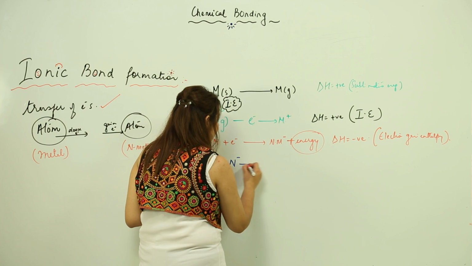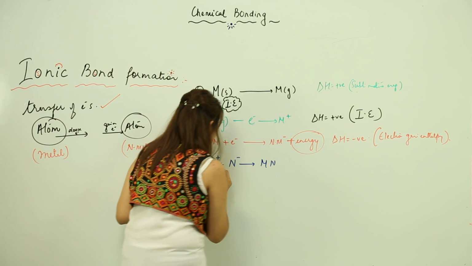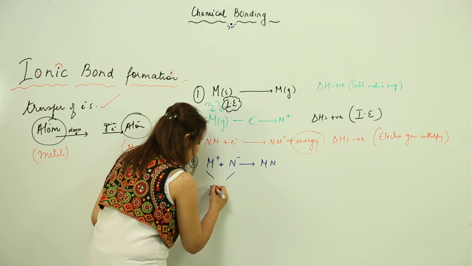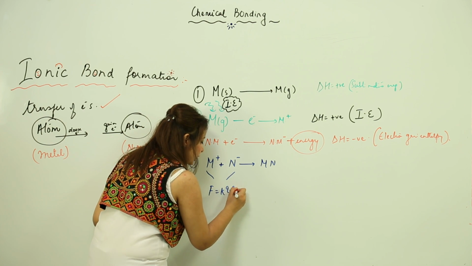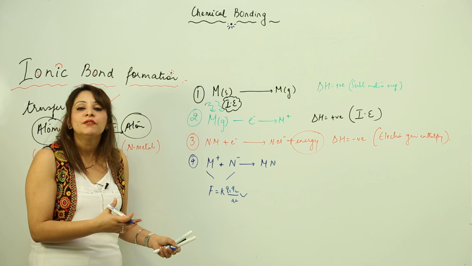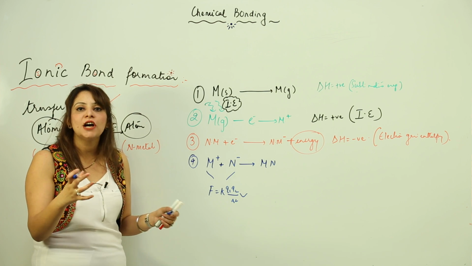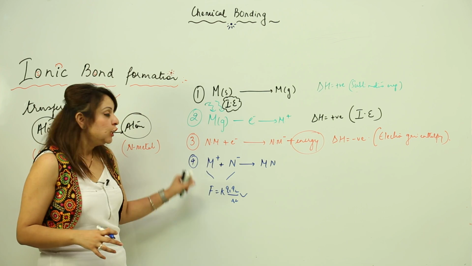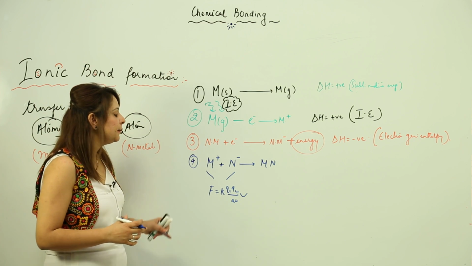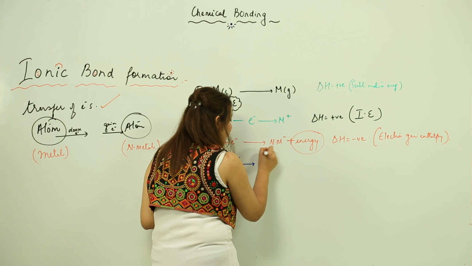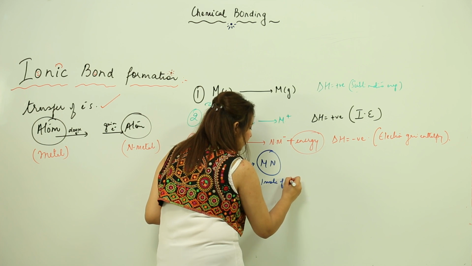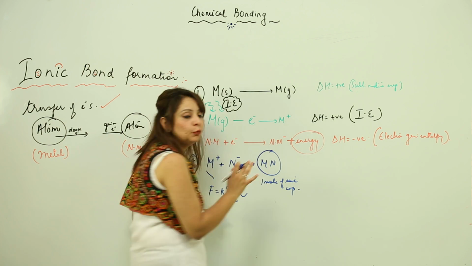When they combine, they form a lattice, because they are oppositely charged, so they experience a Coulombic force of attraction, which can be given by Coulomb's law, as you know from physics. It states how oppositely charged ions get attracted towards each other. So they have an attractive Coulombic interaction operating between them, due to which they combine to form 1 mole of ionic compound.